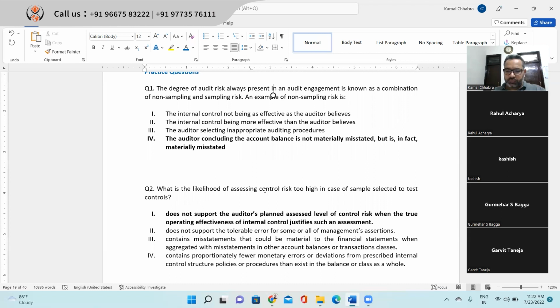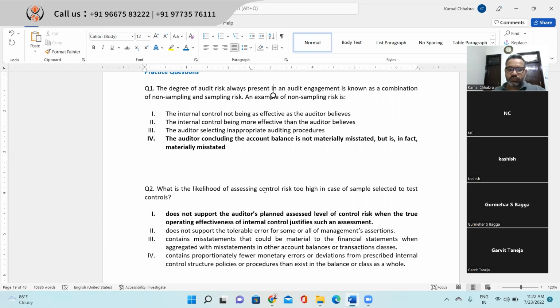Kamal, just one thing here. The first or second point here, do they get covered in the sampling risk section? Yes. But the only reason I'm confused is that there we said the sample could be correct and the population is wrong and vice versa. So how does that fit in here?